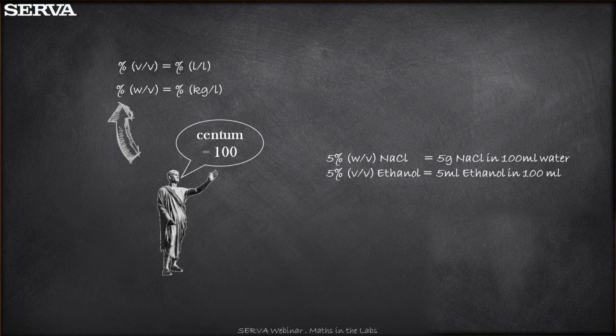And this results in our two examples. In the first example, if this is in your lab book, 5% w/v of sodium chloride, you dissolve 5 grams sodium chloride in 100 milliliter water. And in the second, this is the volume equation. So if you have 5% v/v of ethanol, then you use 5 milliliter ethanol in 100 milliliter of water.